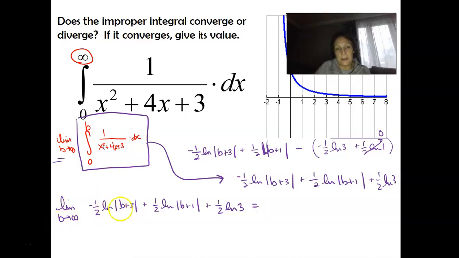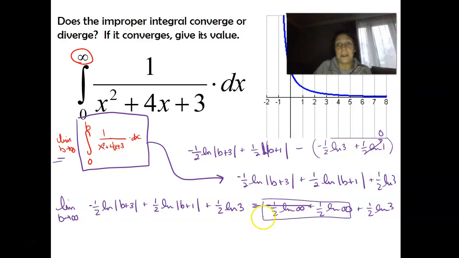I have -1/2 ln of infinity plus 1/2 another ln of infinity, plus 1/2 ln of 3. If you see what's going on here when you evaluate this limit, I've got -infinity plus infinity. This is an infinity minus infinity situation. You cannot cancel those out. Those are infinities. That's indeterminate form.